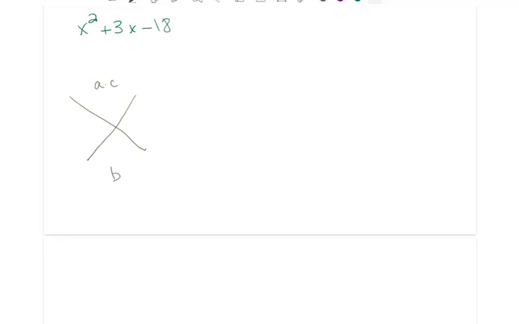So when we look at our trinomial, we need to figure out our a, b, and c. So our quadratic is in that nice little standard form. Our a is in front of the x squared, and what's in front of our x squared? 1. Yep, so a is going to equal 1. Our b is always in front of our x term, so our b is going to be 3.